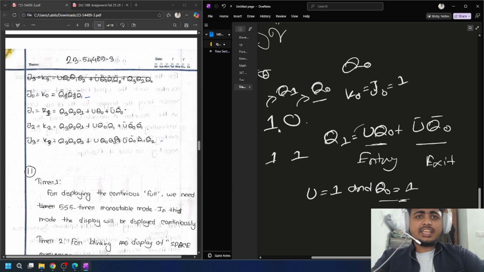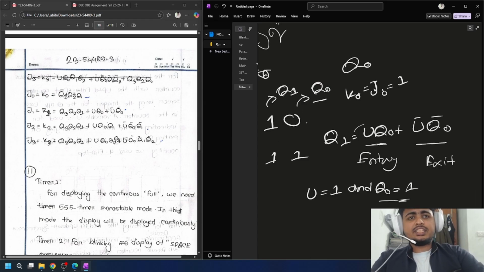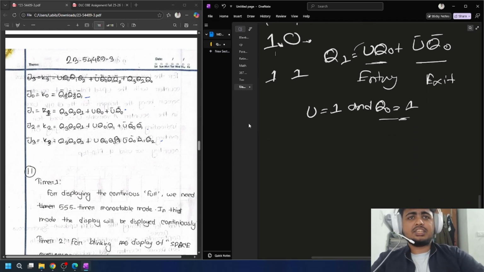Let's do a different example where the state goes 0 1 and 1 0. For this it is 1 to 2, right? This is how it moves.